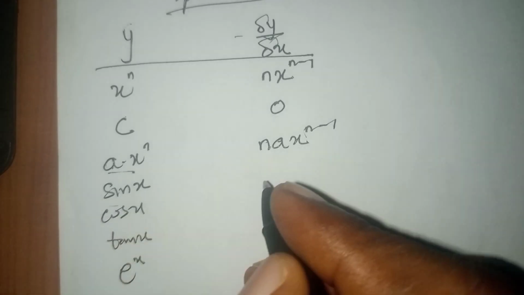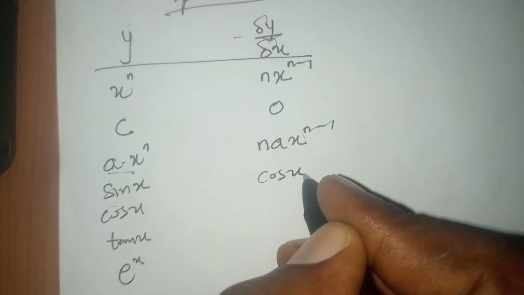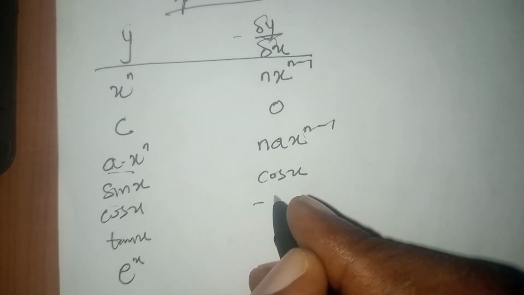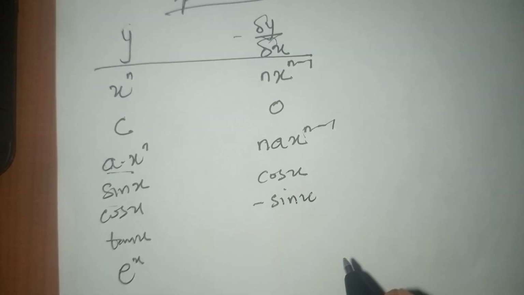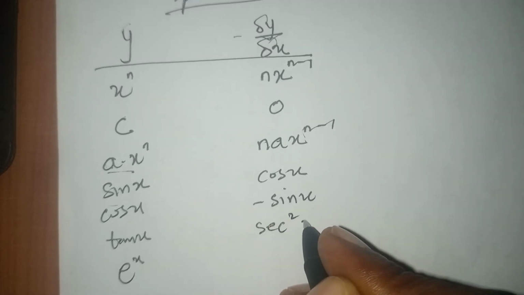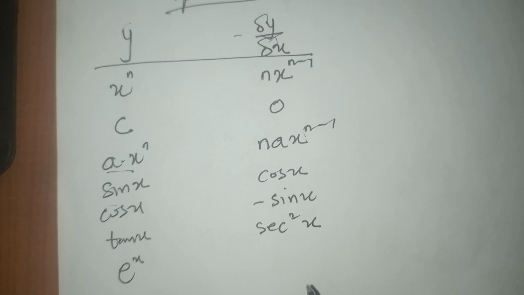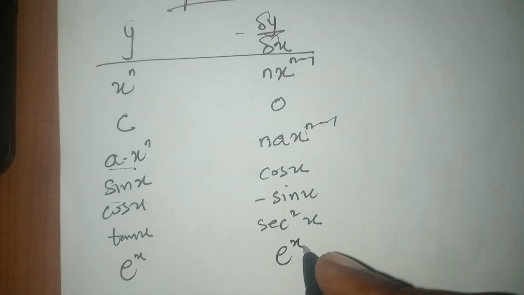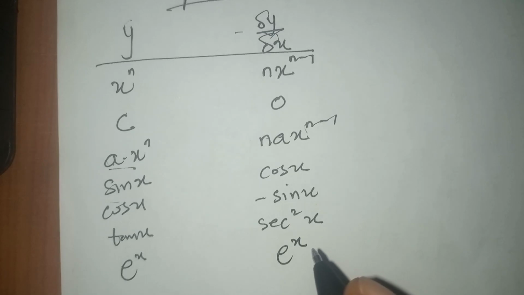The derivative of sine x is cos x, while the derivative of cos x is minus sine x, the derivative of tan x is sec square x, and the derivative of exponential x is exponential x.